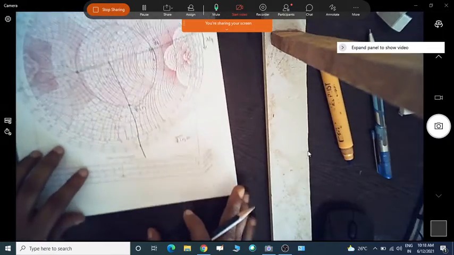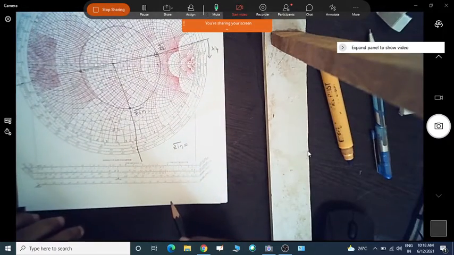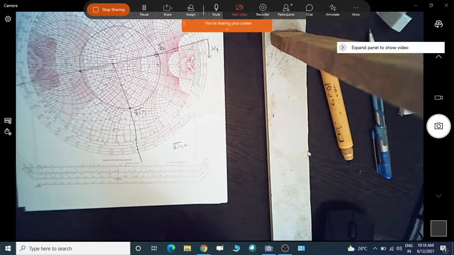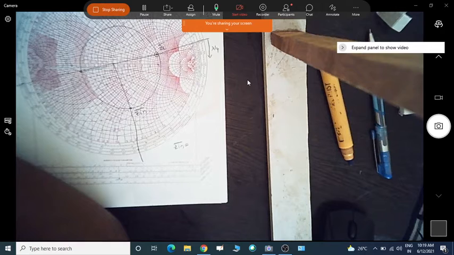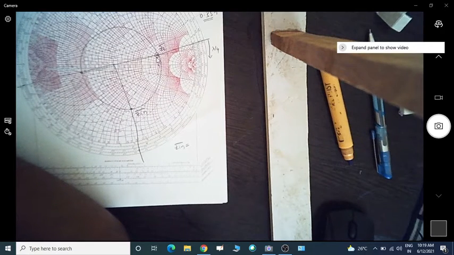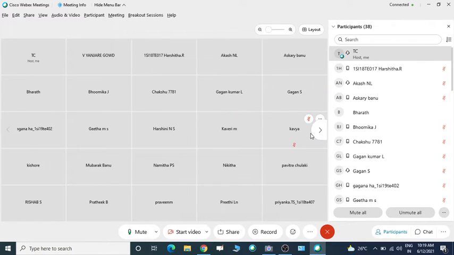What is the normalized input impedance value?